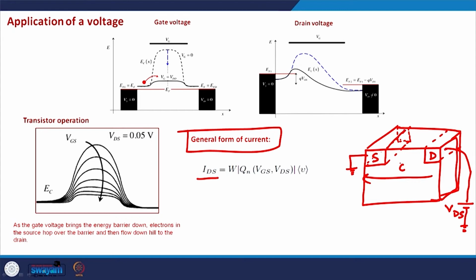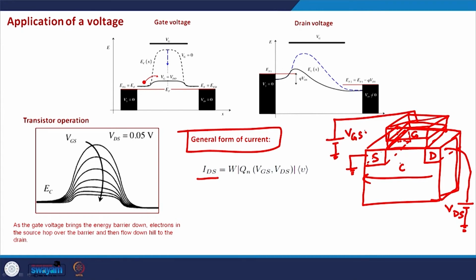And apart from this, we have a channel region, also we have an oxide layer here, and on top of that we have the gate terminal actually. So this is the gate terminal. The voltage applied on the gate terminal is known as the VGS voltage.